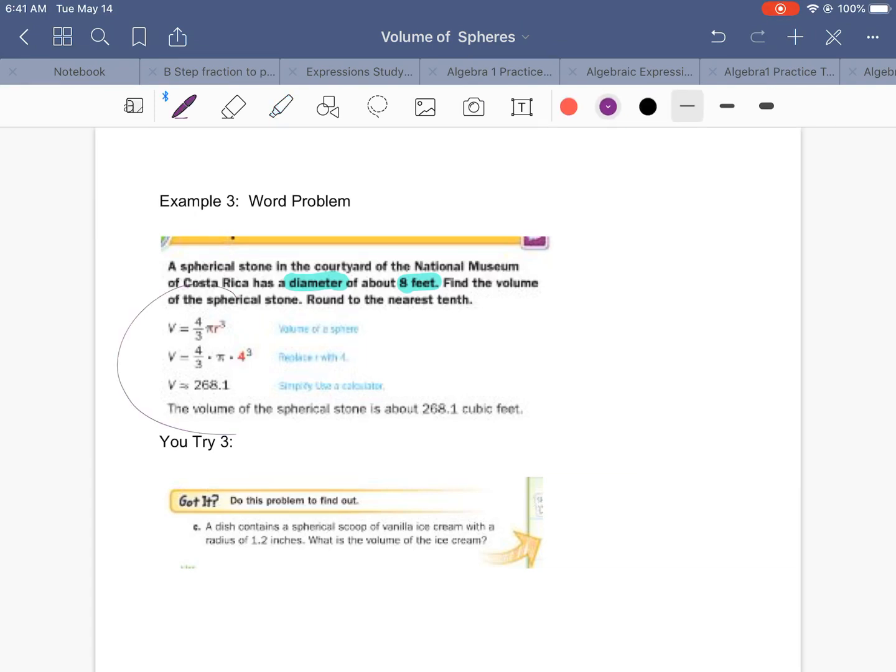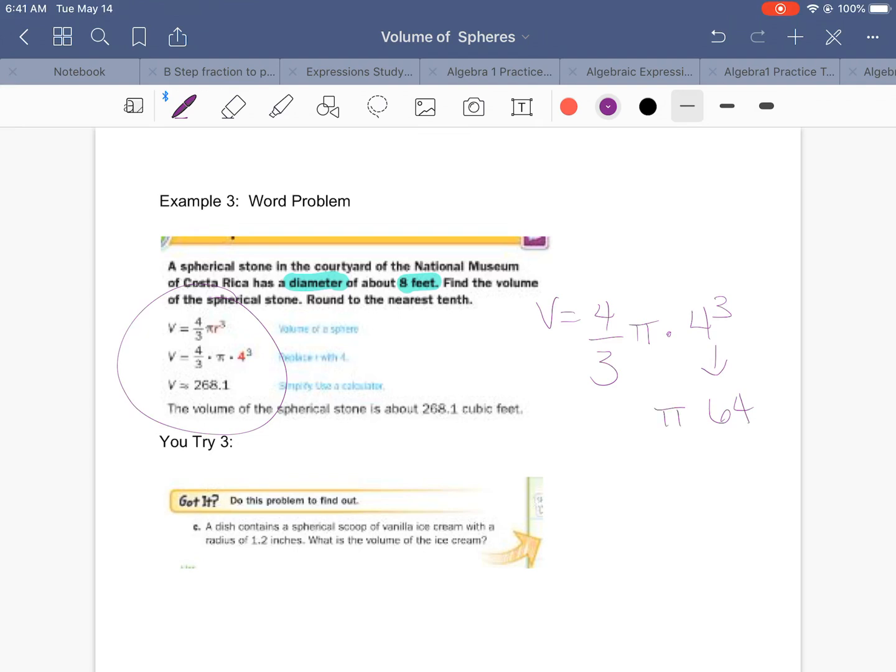It's written out right here, but I'm going to go ahead and do it for you. First of all, remember diameter. We need to cut that in half to get the radius. So our volume is 4/3 pi times radius, which will be 4 cubed. 4 cubed is 64.